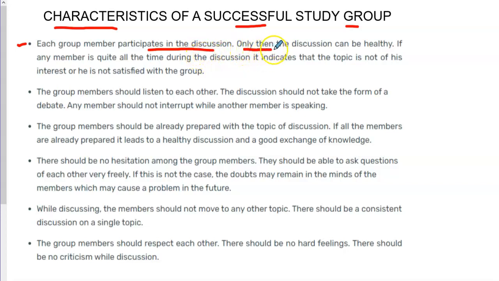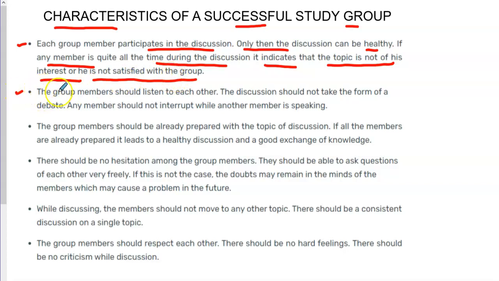Only then can the discussion be healthy. If any member is quiet all the time during the discussion, it indicates that the topic is not of his or her interest, or he or she is not satisfied with the group.